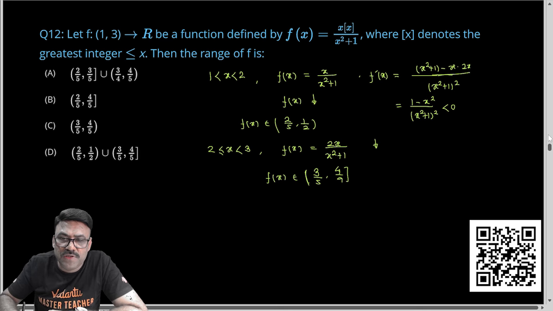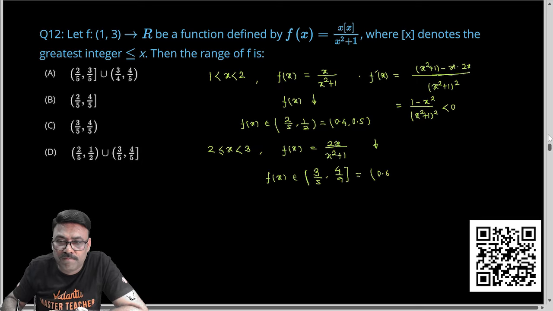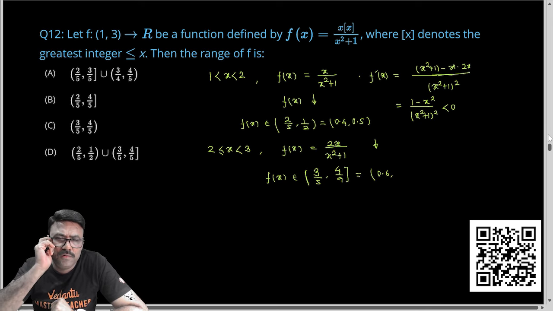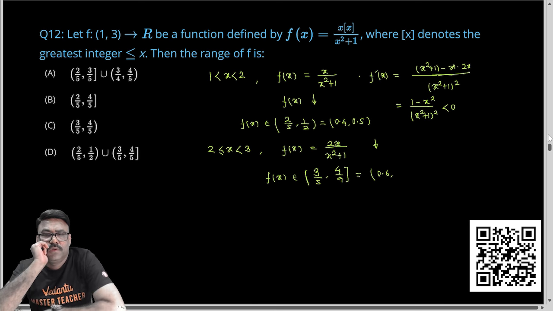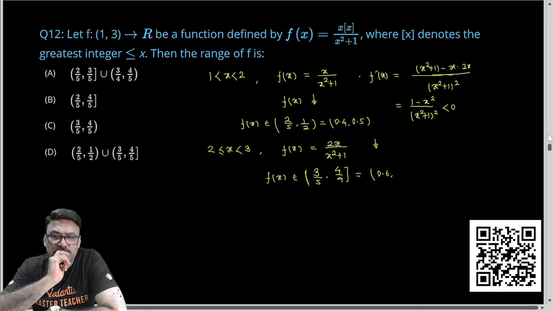So it is basically 0.4 to 0.5 for the first interval. And the second interval is 0.6 to something, but the value should be decreasing. 4 by 9 is what?